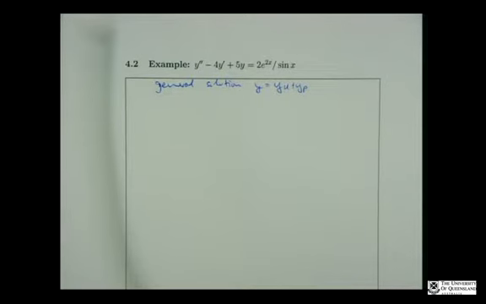Here we have a ratio, e to the 2x divided by sine x. At this stage, I would have absolutely no idea what an appropriate guess for the particular solution would be. So that's when I stop thinking about the method of undetermined coefficients and decide I'm going to apply variation of parameters instead.